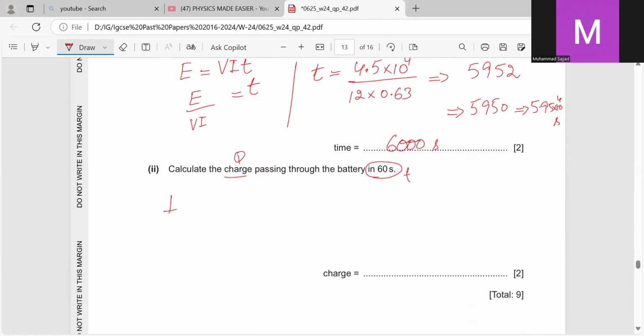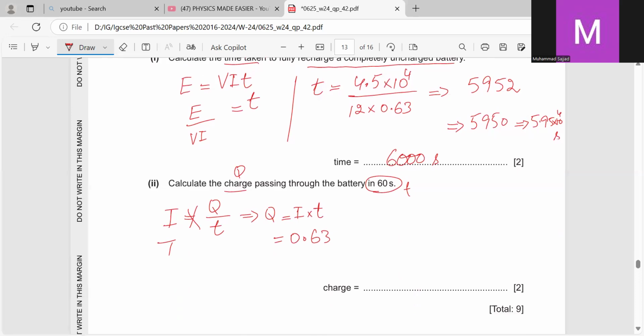We know the basic equation of current: current is the rate of flow of charge, Q over T. If we cross multiply, we get charge Q is equal to I times T. We have current which is 0.63, times 60 because time is 60 seconds here. So 60 times 0.63, we are getting 37.8. So we can write simply 38, and the unit of charge is coulombs.